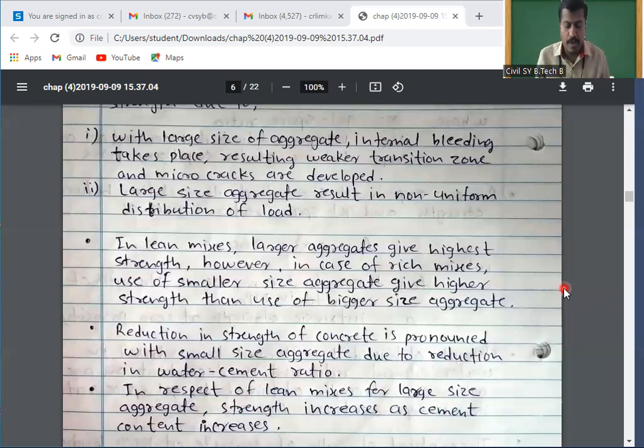So for M20 or 25, suppose you have taken maybe 25 mm size coarse aggregate, 20 mm size coarse aggregate, 12.5, it is okay. A smaller particle size provides greater surface area to have the proper bonding between your coarse aggregate and the rest of the concrete particles.